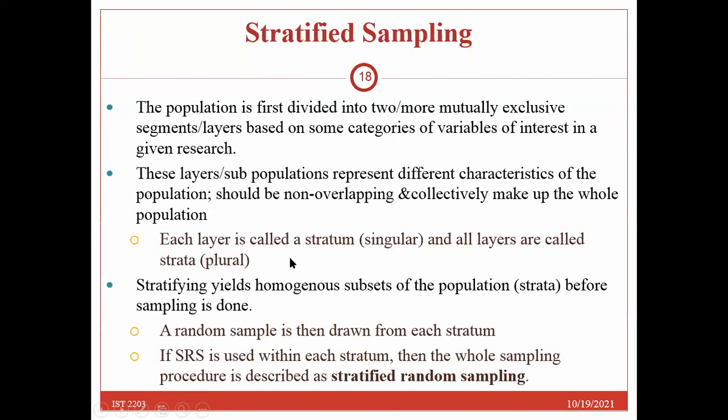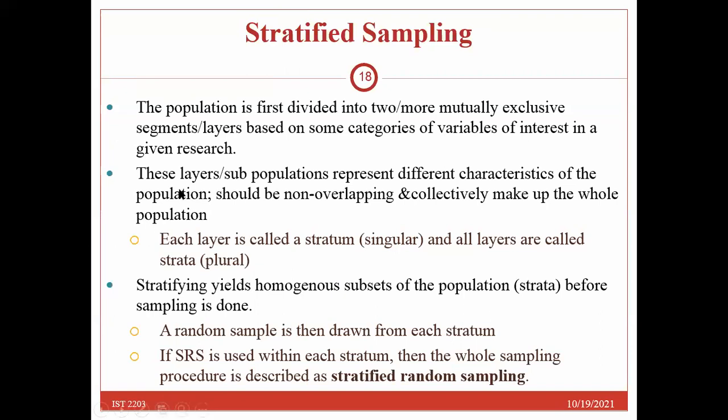Now, homogeneous means that what you've divided in that subset has only one characteristic, as in you have now only males and only females. That's what it means, that it's homogeneous. After you've done this stratified sampling, within the stratum you can do simple random sampling from each strata.